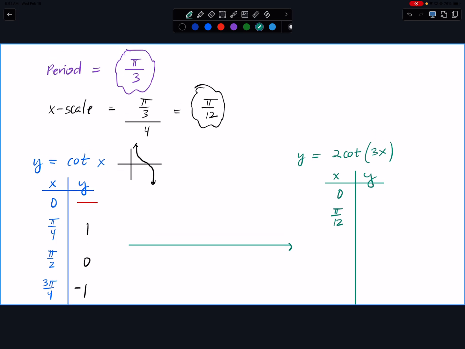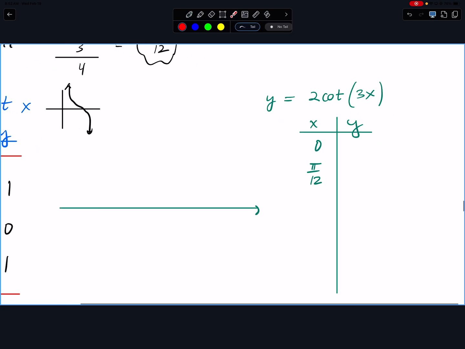So if I add another pi over 12 to pi over 12, do you guys agree that'd be 2 pi over 12? And then what's 2/12 simplified? Pi over 6. So this is 1/12. This is 2/12. So the next one would be 3/12. 3/12 is the same thing as pi over 4.